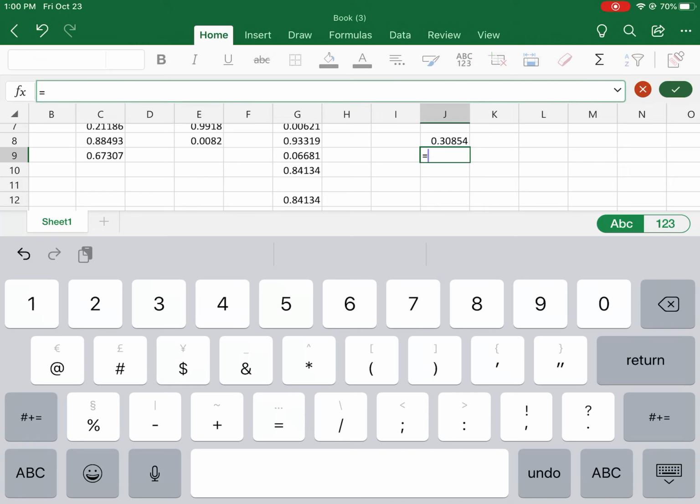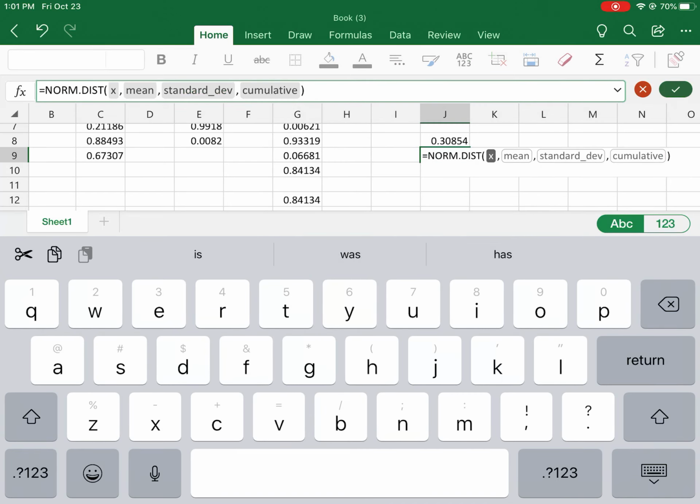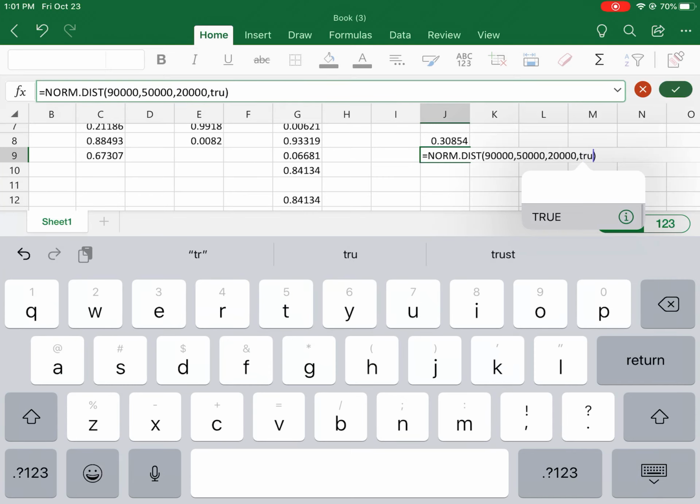Okay, so equals norm. Okay, so here we have 90. Again, the mean is 50. Standard deviation is 20. And true. Enter.